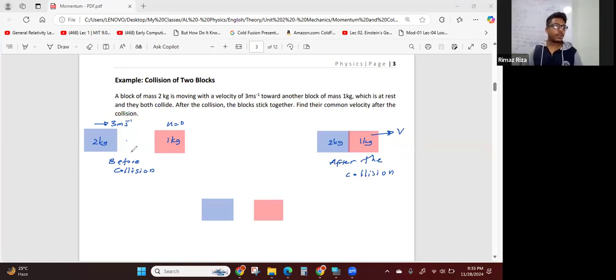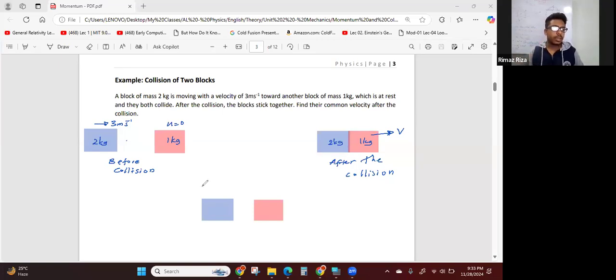So moments before collision, the 2 kilogram block is moving in this direction at 3 meters per second, and it collides with this 1 kilogram block, and then they stick and move. Now we want to find the velocity, this v. For that we have to use the linear momentum conservation principle.